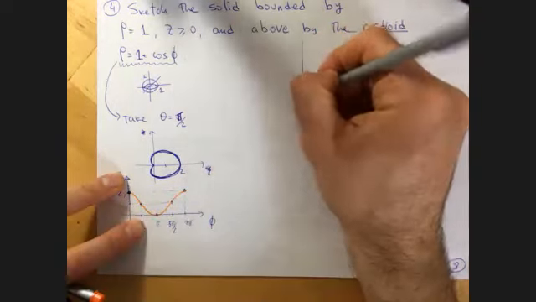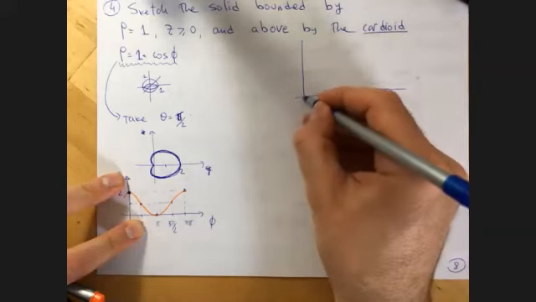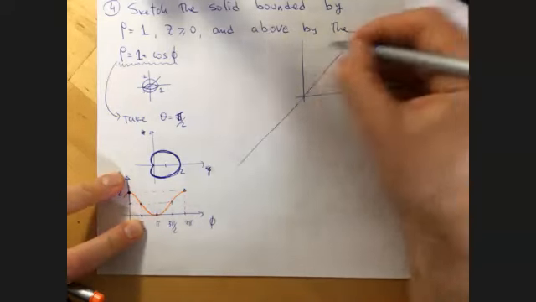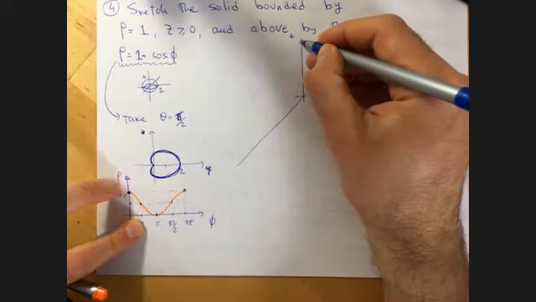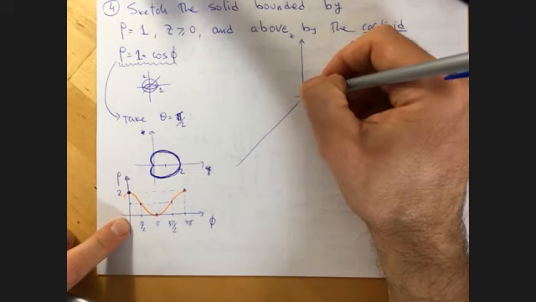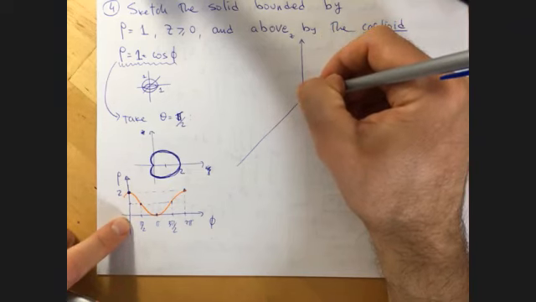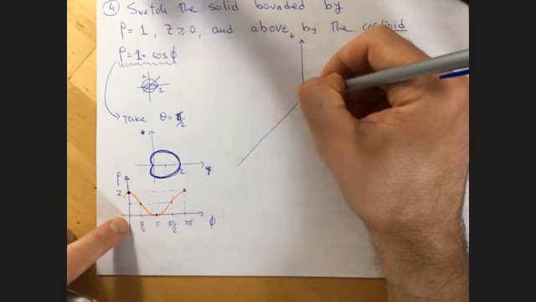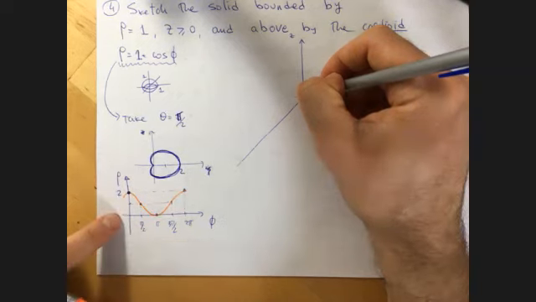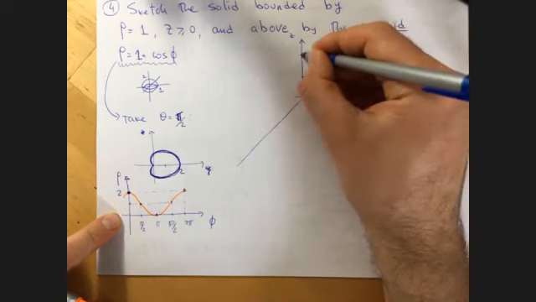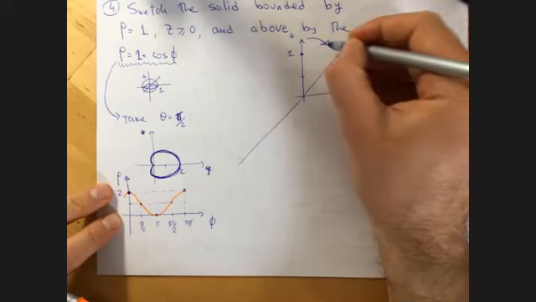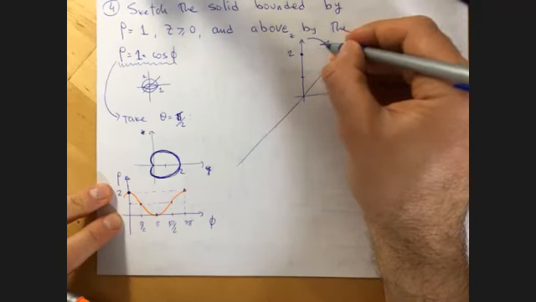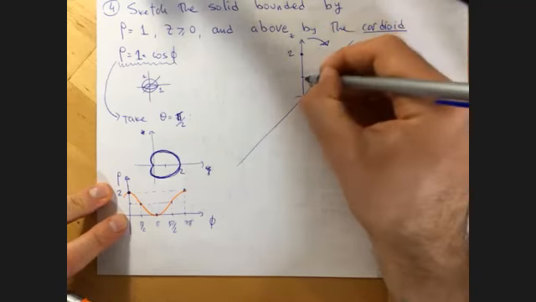So now, because phi opens from here, from the positive z-axis, when phi is 0, rho is 2, so 1, 2 here. I start from here, and then phi opens up this way, right?